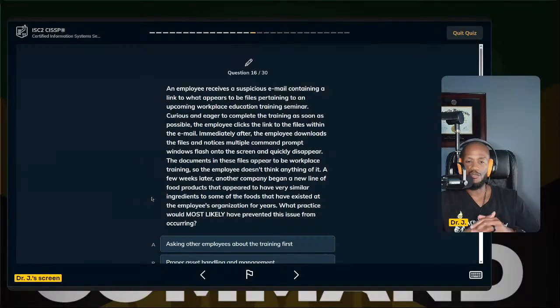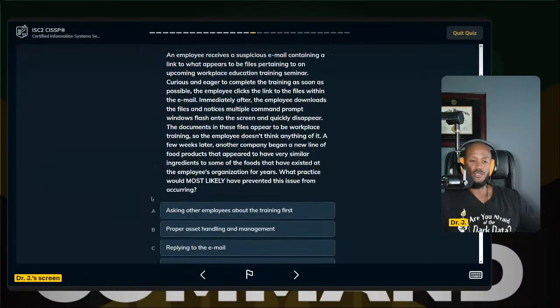The documents in these files appear to be workplace training, so the employee doesn't think anything of it. A few weeks later, another company began a new line of food products that appeared to have very similar ingredients to some of the foods that have existed at the employee's organization for years. So, what practice would most likely have prevented this issue from occurring?